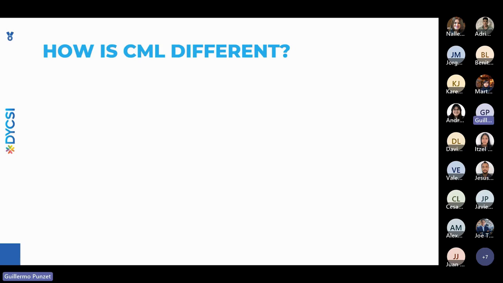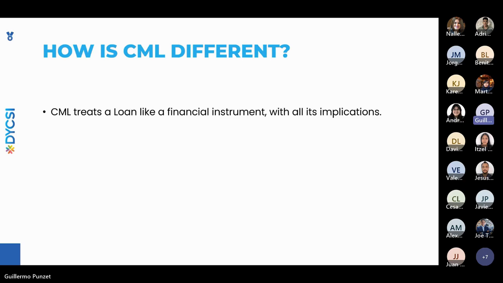So just how is CML different? How does CML approach the complexity of this problem differently? Well, the most important thing is that CML treats a loan like a fully fledged financial instrument with all its implications. And basically what that means is that CML has thought of all the possible cash flows that the loan can have. So what are all the possible outflows and inflows that a loan can have, and what are the reasons for them? CML has thought of basically all of the possible cash flows that can occur in a loan.